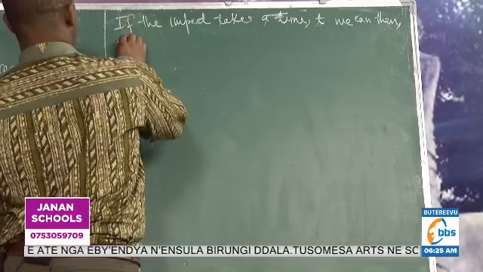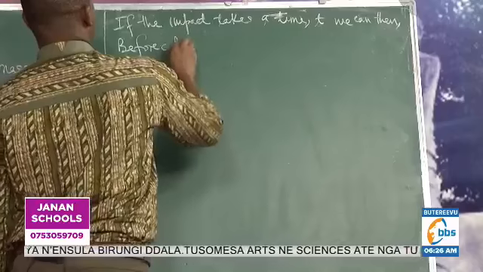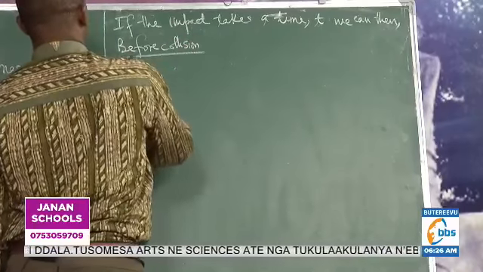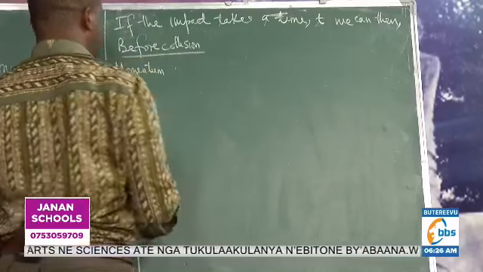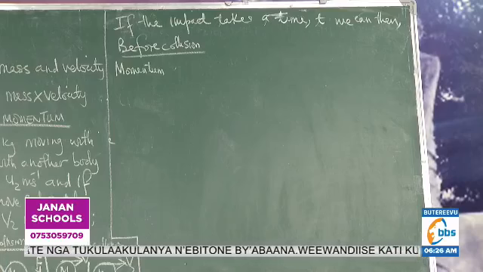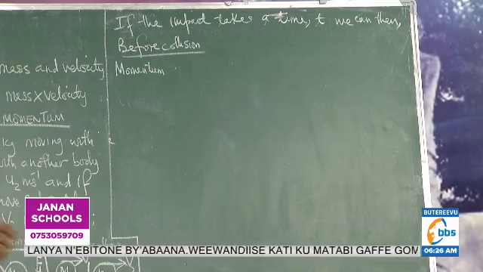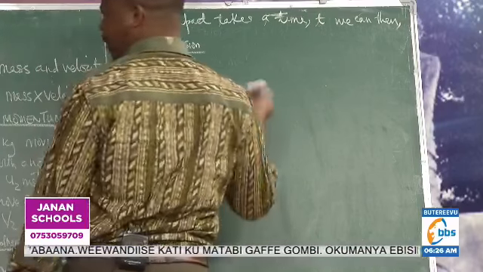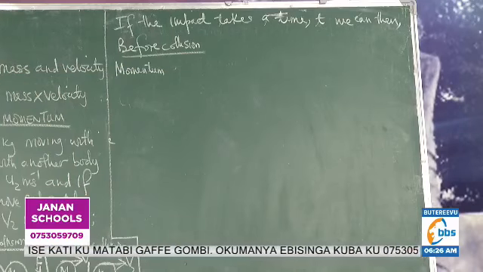We can say before collision, the momentum can be got as M1U1 and M2U2. After collision, the momentum can be got. But we want to derive an expression for conservation of momentum.